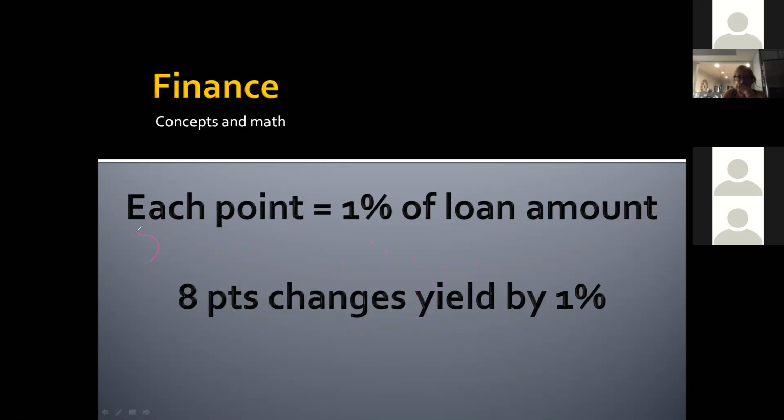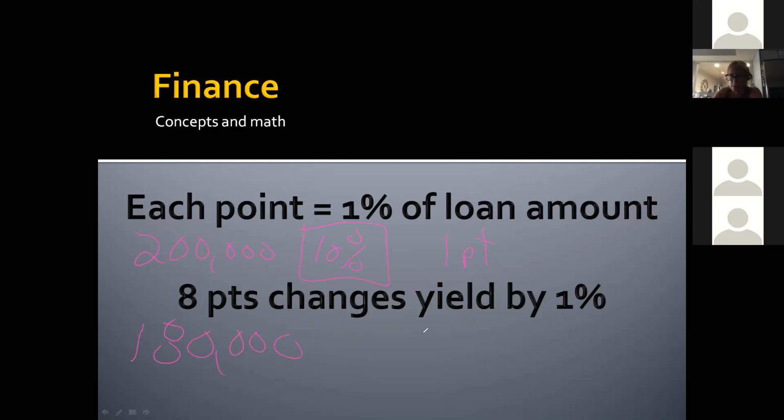So if you're buying the house for $200,000 and you're putting 10% down and you have to pay 1 point, well, what's 10% of 200,000? It's 20,000. So your down payment is 20,000 because it's 10% of 200,000. That means your loan is going to be for 180,000.